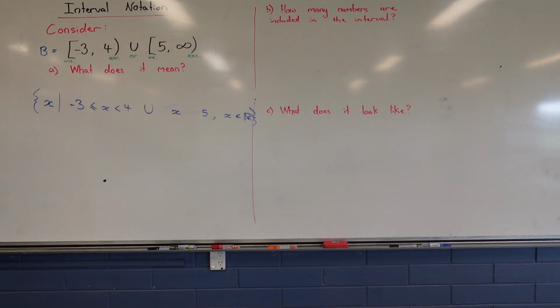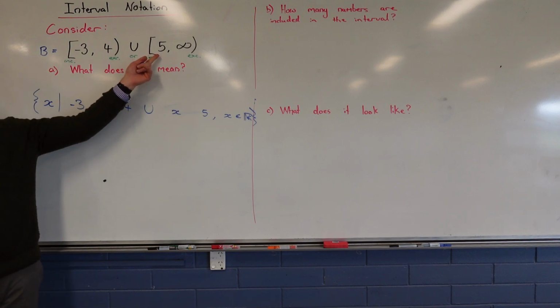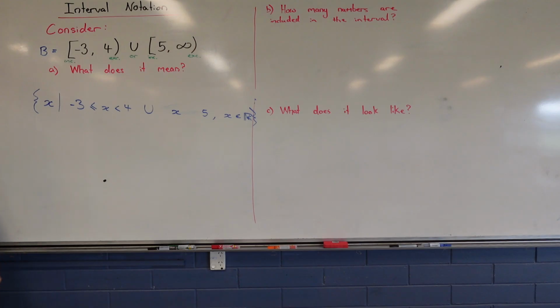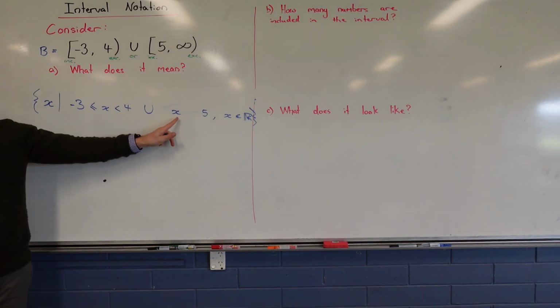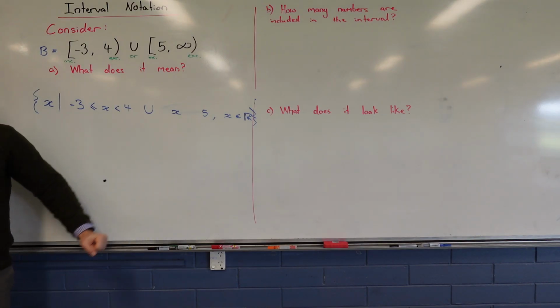Alright, Matilda, you get the harder of the questions. Now usually I was originally going to write 5 is less than or equal to x is less than infinity, but I changed it up because I want to make the statement shorter. I want to have x something 5. What's the relationship between x and 5 here?